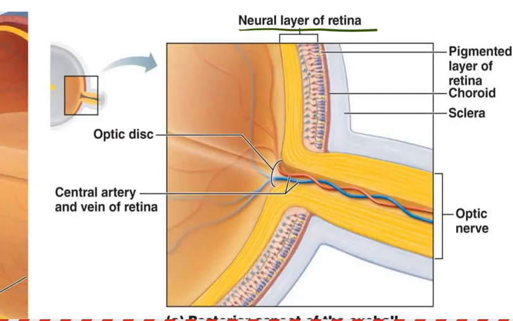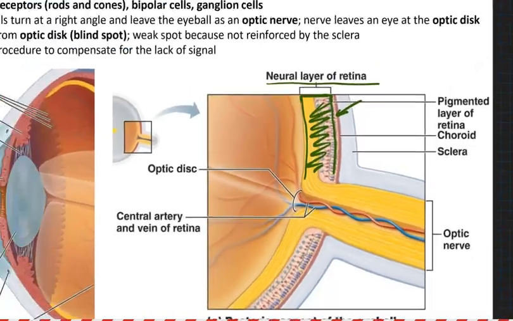The neural layer contains neurons or modified neurons known as photoreceptor cells. And then we have the pigmented layer, which consists of pigmented cells. Okay?